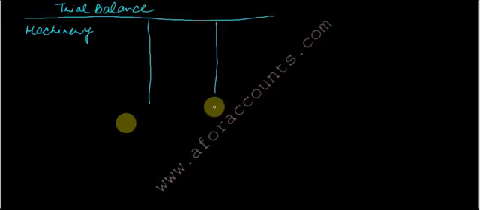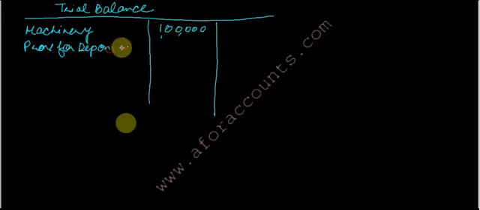Say one more example. I have a trial balance as on so and so. Here you have machinery, my debits and my credits. Machinery 1 lakh. Provision for depreciation on machinery is 40,000.